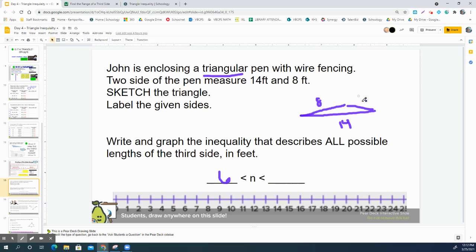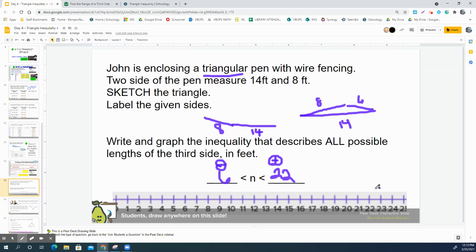Excellent. So if I have a super acute triangle and I close that hinge as far as it'll go, the smallest I could need is 6. But if I've got the 14 and I want to make a super big obtuse angle, 14 and 8, I open that hinge, you've got to add. So I'm subtracting to get the 6. And I'm adding to get, what's 14 plus 8?